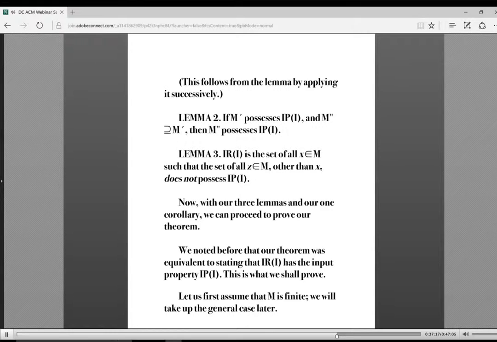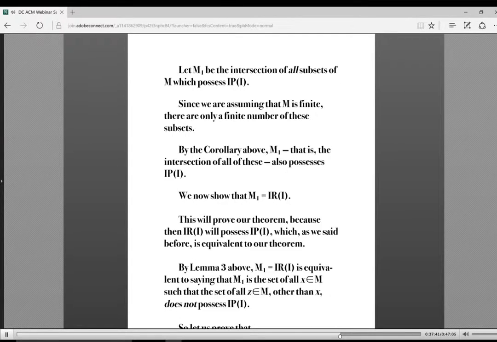Now with our three lemmas and our one corollary, we can proceed to prove our theorem. We noted before that our theorem was equivalent to stating that IR of I has the input property IP of I. This is what we shall prove. Let us first assume that M is finite. We will take up the general case later. Let M1 be the intersection of all subsets of M which possess the input property IP of I. Since we are assuming for the moment that M is finite, there are only a finite number of these subsets.